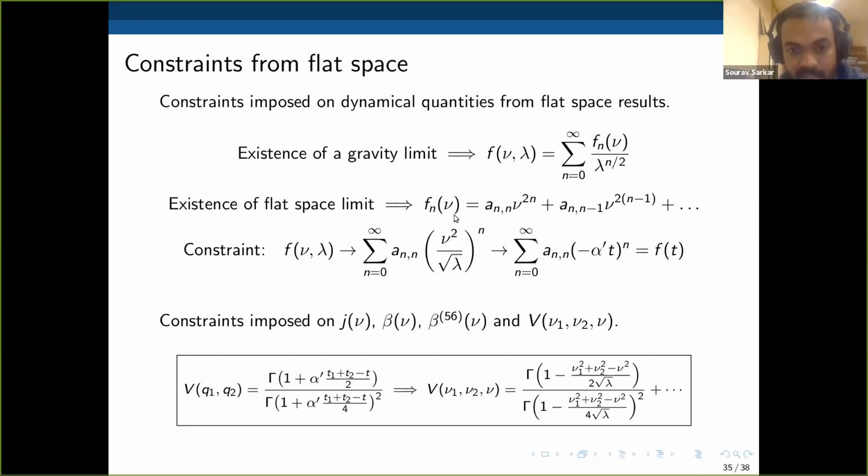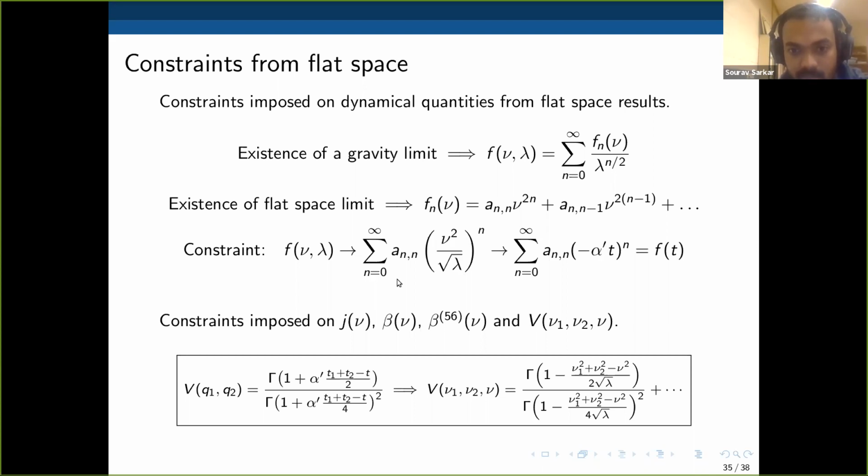Now when we take the flat space limit, these other terms here will go to 0, and the flat space limit will be of this form. And this quantity nu square over root lambda will go to t, which is q square minus q square in flat space.